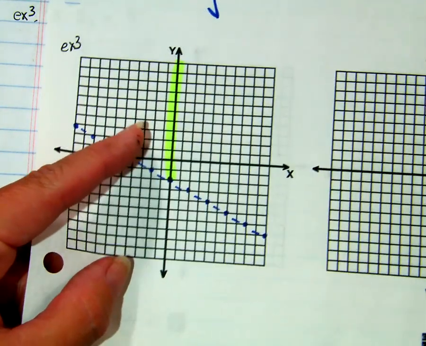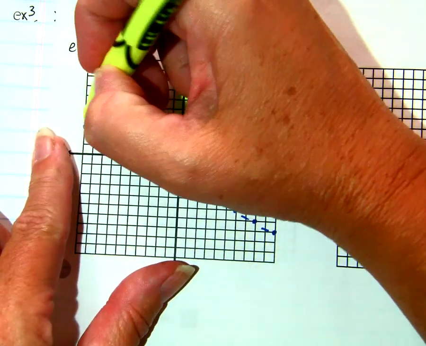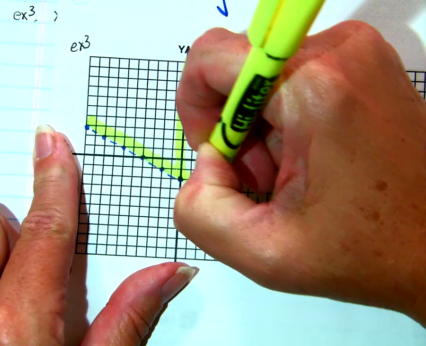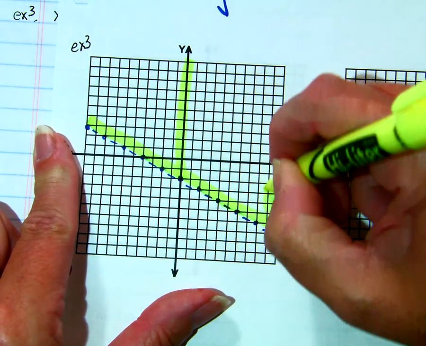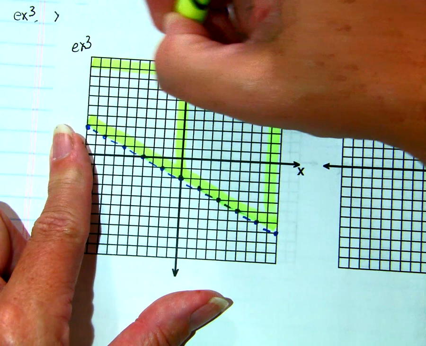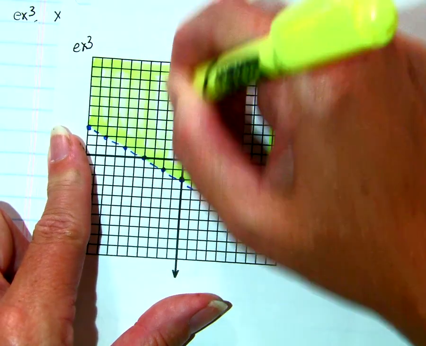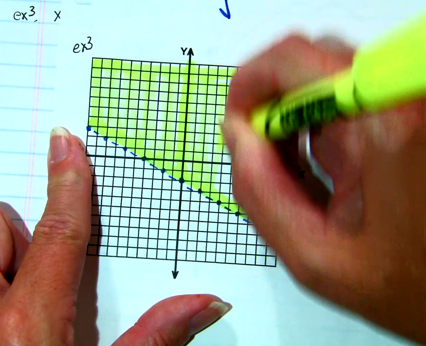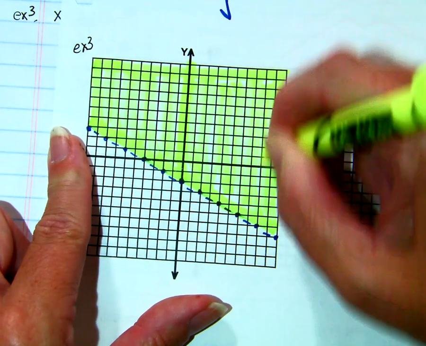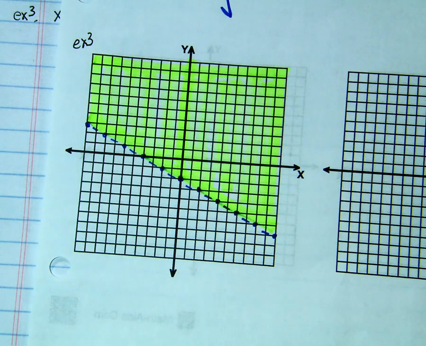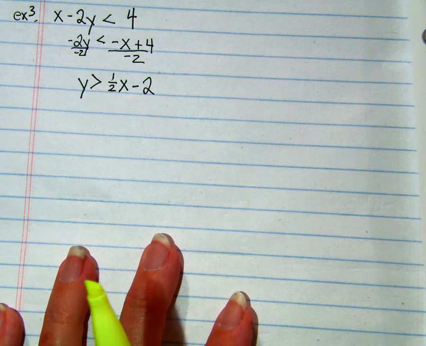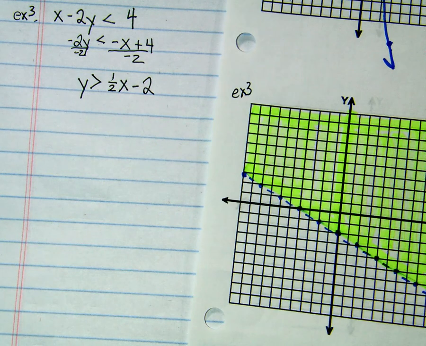Isn't that the part above the line? So that's where we're going to shade. Oh, you scared me, because I very well could make that mistake.